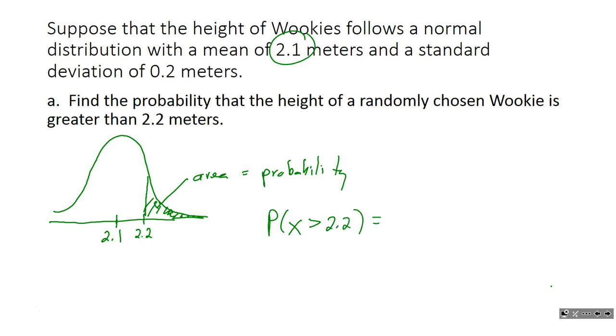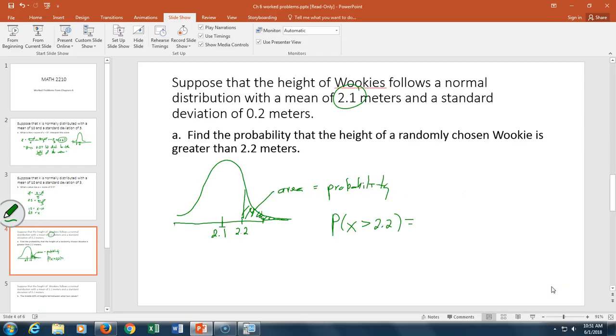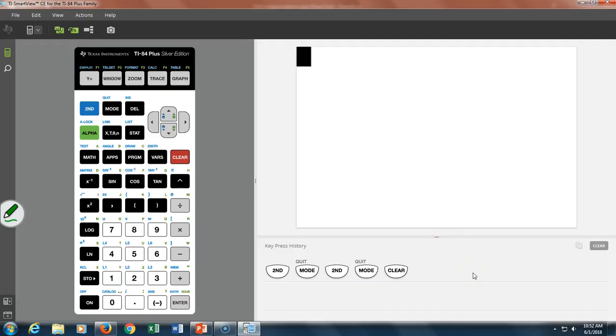Let me switch to my calculator screen in order to show you how that's done. Unfortunately, there's not a real convenient way for me to make that switch. So here we are. Keep in mind the values that we have. We're going to do second distribution.